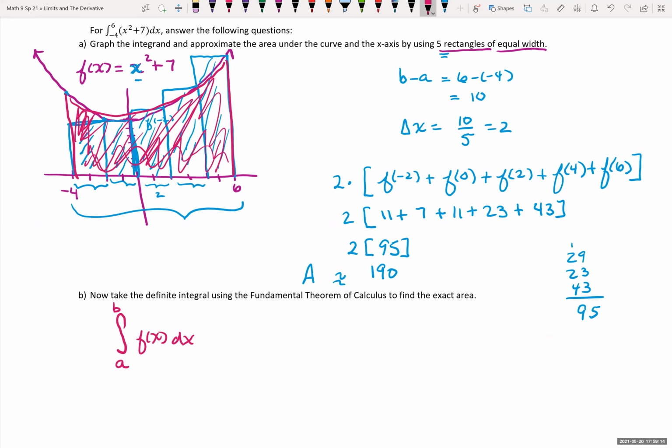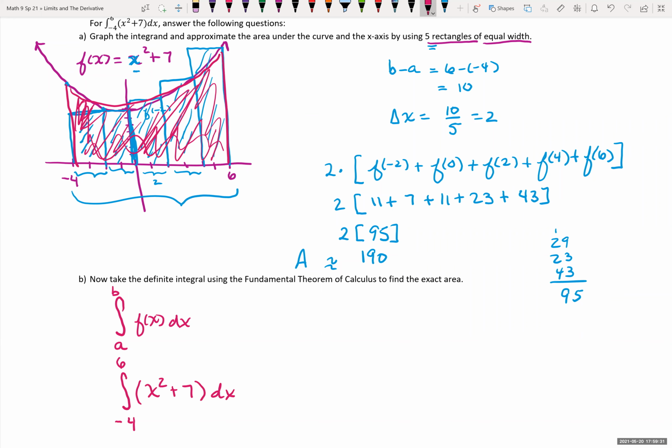And this is continuous, so we're looking at an integral from -4 to 6 of our function x squared plus 7 dx. The fundamental theorem of calculus says this is equal to the antiderivative evaluated at b minus the antiderivative evaluated at a, upper bound minus lower bound.